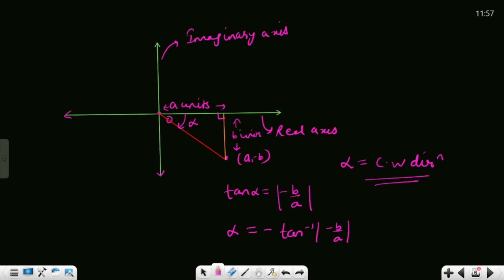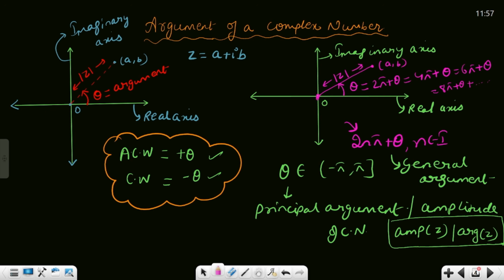That's why minus. Because it is moving in the clockwise direction. This is only our angle theta. Alpha here is theta only, means here it is the argument only. So this was the whole concept about the argument of a complex number.